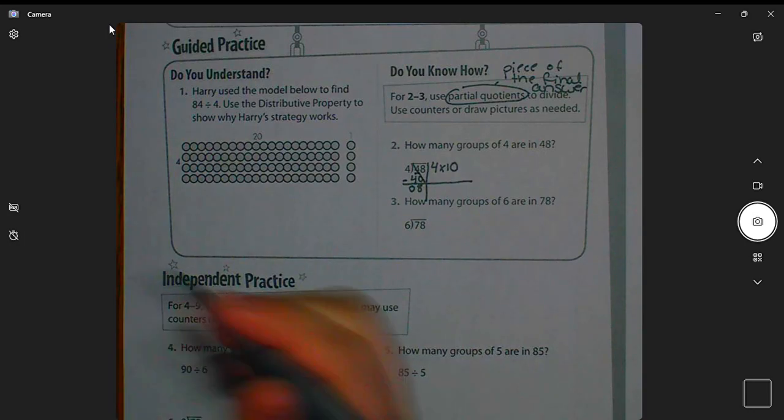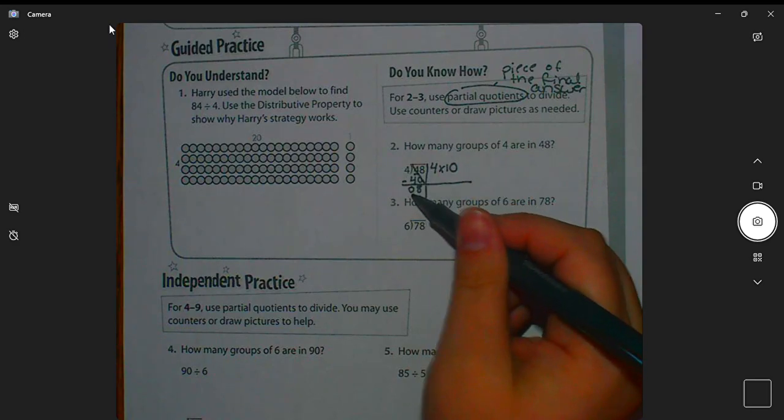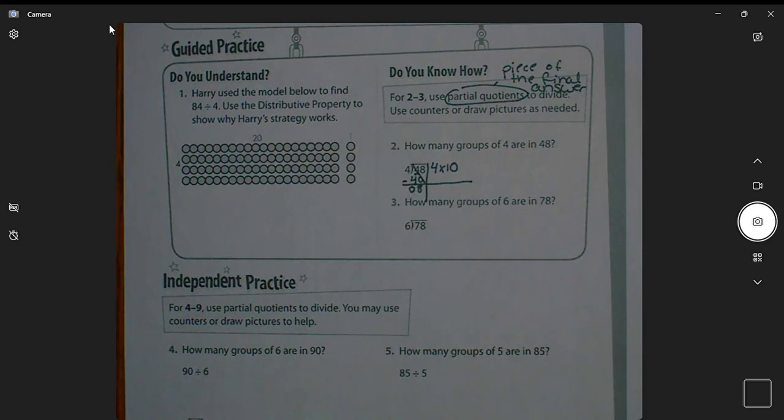So my new problem now is 8 divided by 4. Can 8 be divided by 4? Yes.